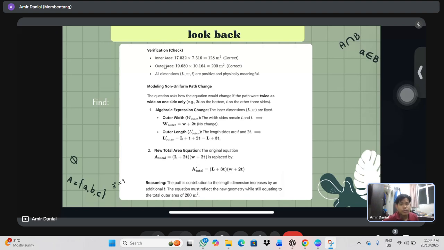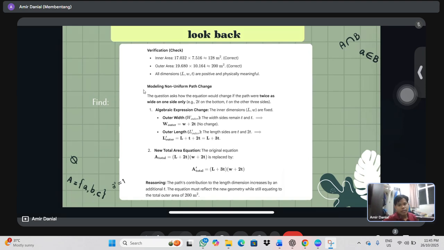And for the outer area we need to multiply 19.680 with 10.164, so it's equal to 200 meters square, and it is also correct. So all the dimensions L, W, T are positive and physically meaningful.